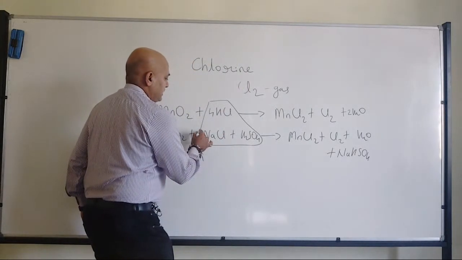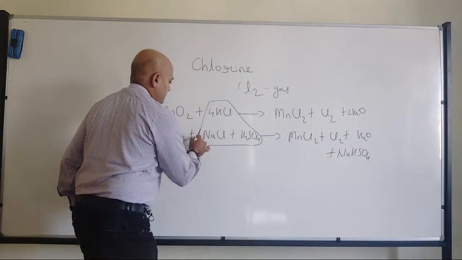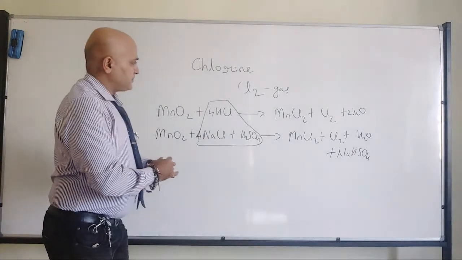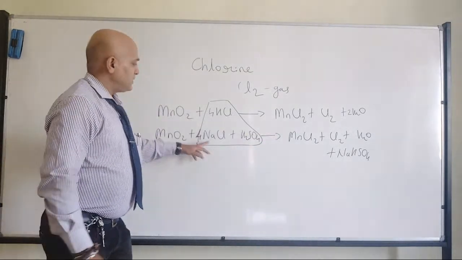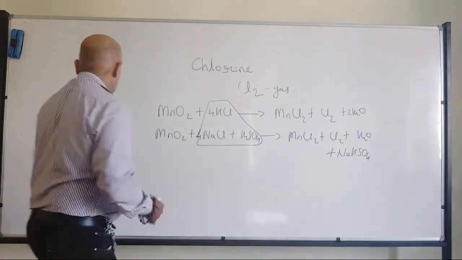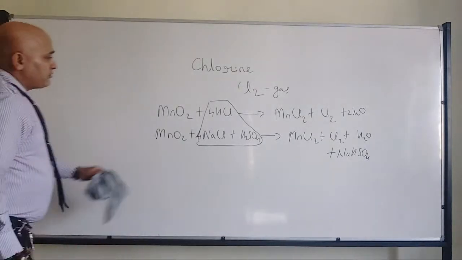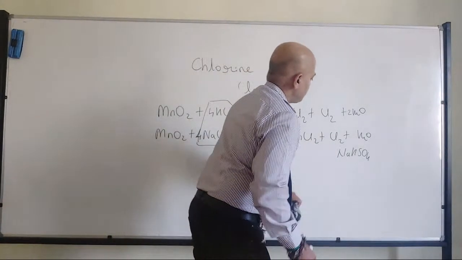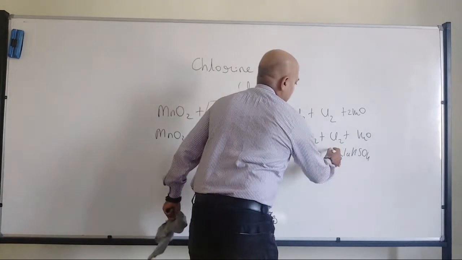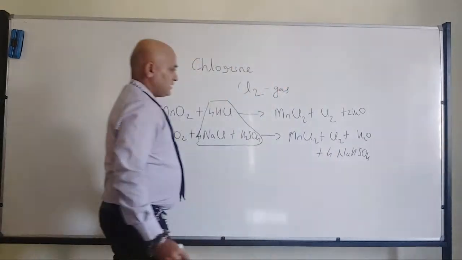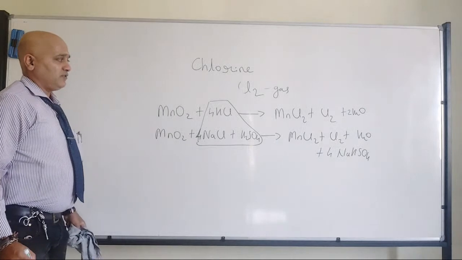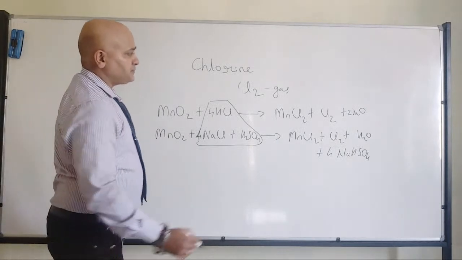So for the time being, I will make it 4 NaCl, because Cl2, Cl2. Since it has become 4 NaCl, here it will become 4 NaHSO4. Got my point?